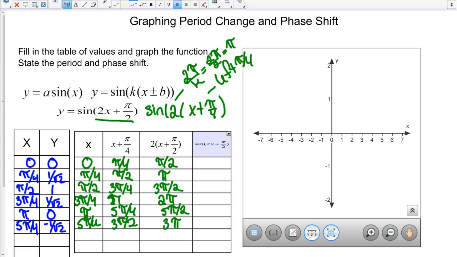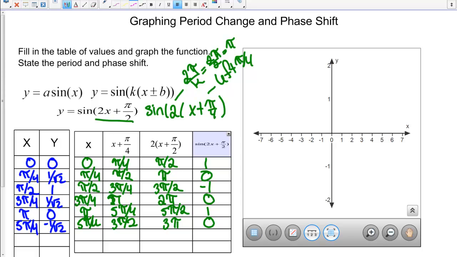And then if we find the sine of this third column, we get sine of pi over 2 is 1, sine of pi is 0, sine of 3 pi over 2 is -1, sine of 2 pi is 0, 5 pi over 2 is 1, and 3 pi is 0.